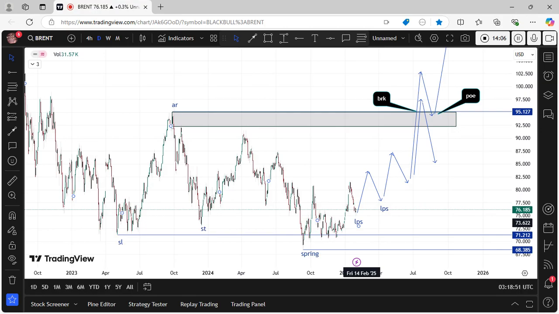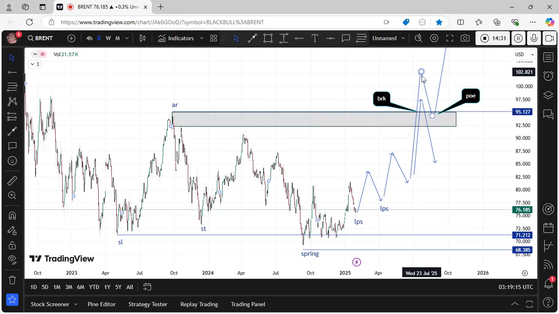But if you're a breakout trader and you want price to break above the automatic rally point, above this trading range, you can wait for price to go above $95, to about 102 or so dollars, and then come back for the zone.